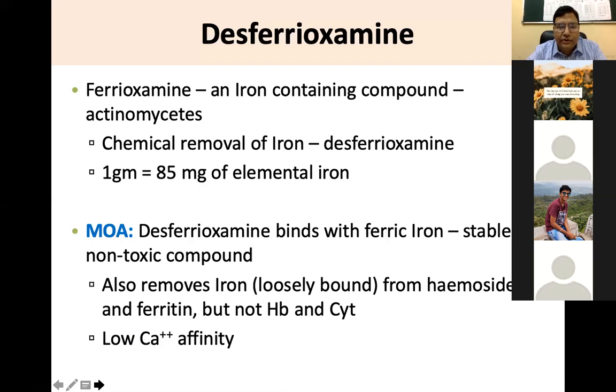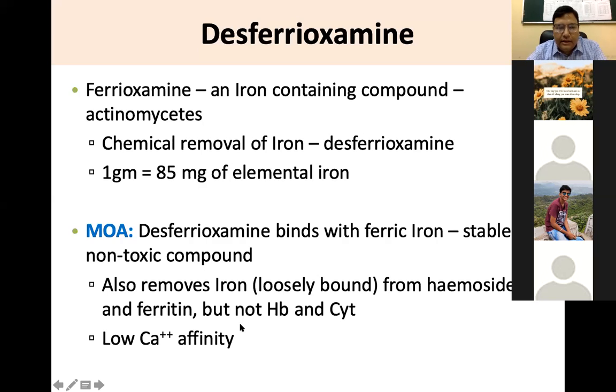So how it is going to act in our body is that desferrioxamine binds with the ferric iron molecules and forms a stable non-toxic compound. This helps in removal of loose iron which is present in the body as hemosiderin and ferritin, but not from the hemoglobin or cytochrome. And it has low affinity towards body calcium also.